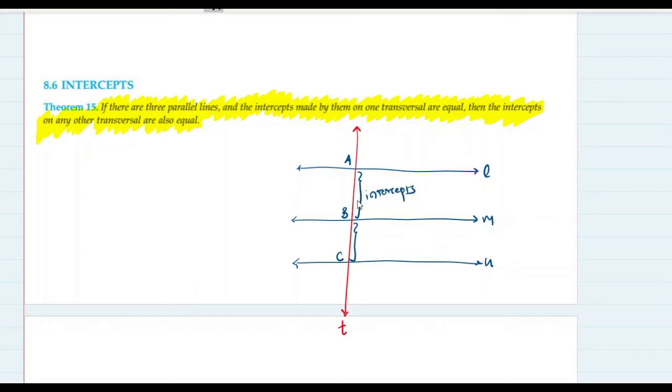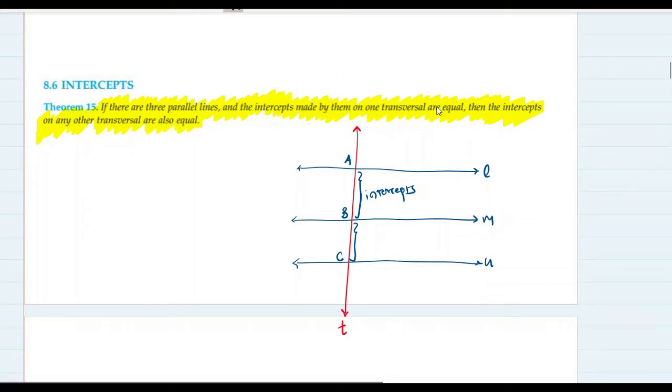So this is one intercept, this is the other intercept. When three parallel lines are cut by a transversal and there are two equal intercepts made by one transversal, then the intercepts on any other transversal will also be equal to these two intercepts.